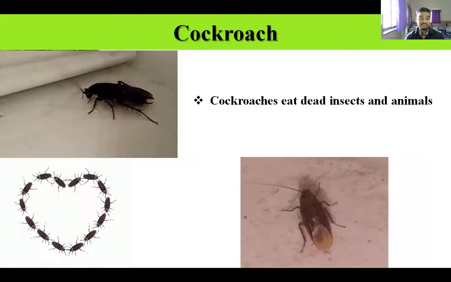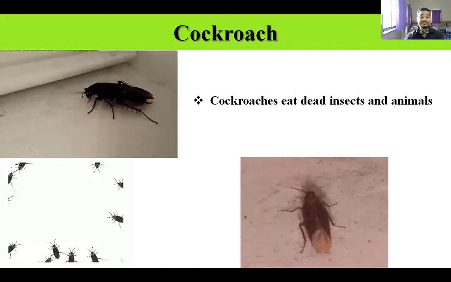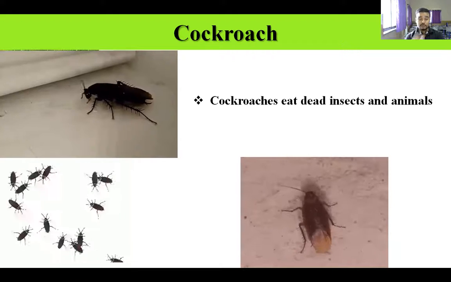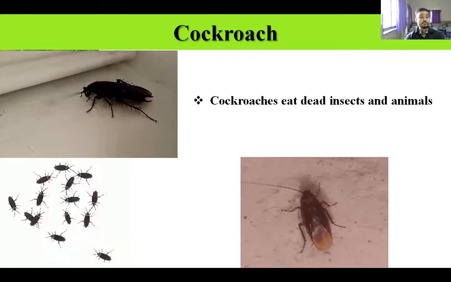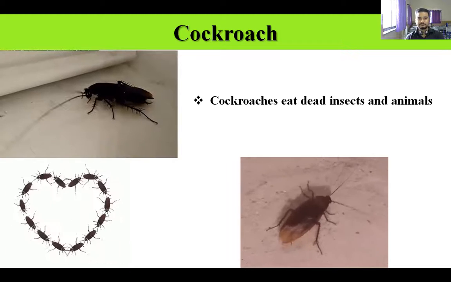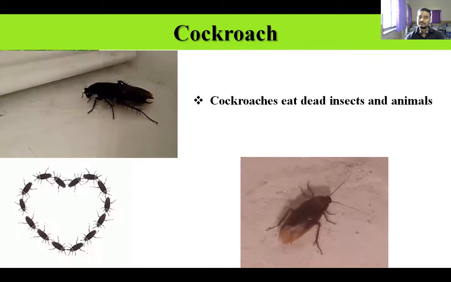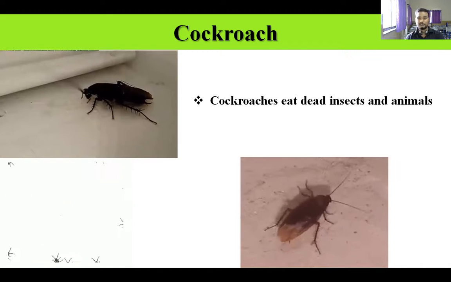It eats dead insects and animals. When these cockroaches find any dead animals or insects, they will go and feed on them. So in this way they are helping us. So we should not be afraid of cockroaches.